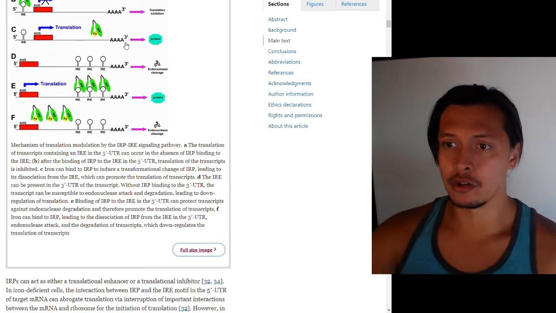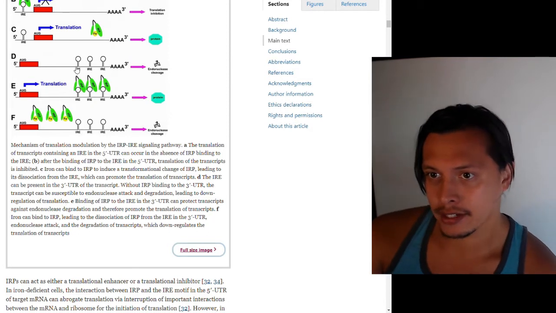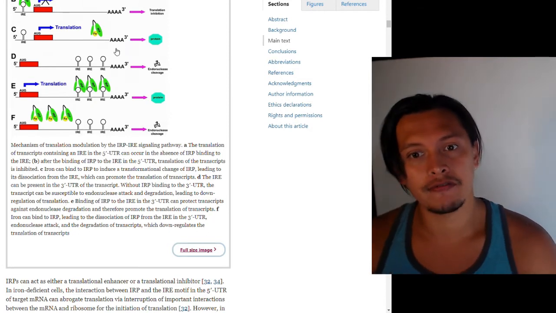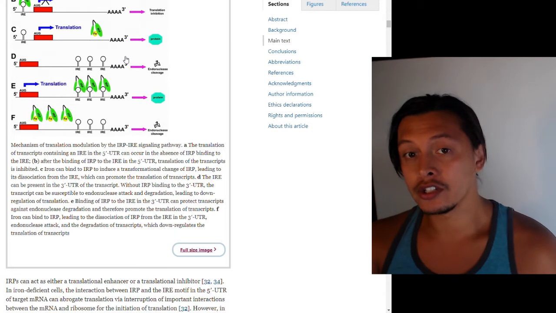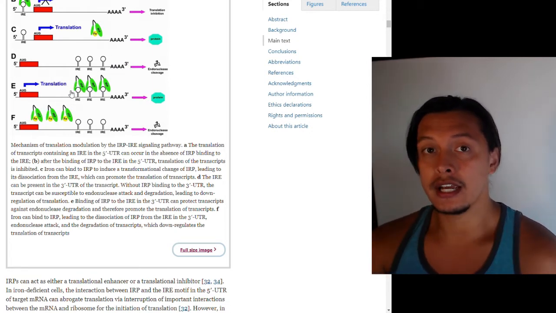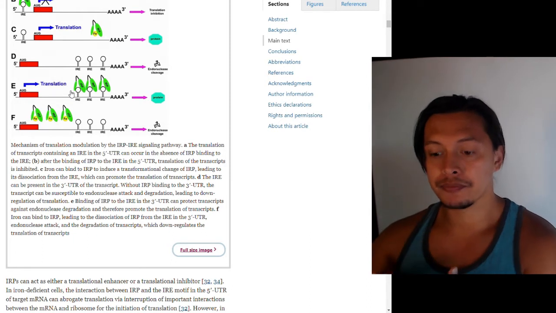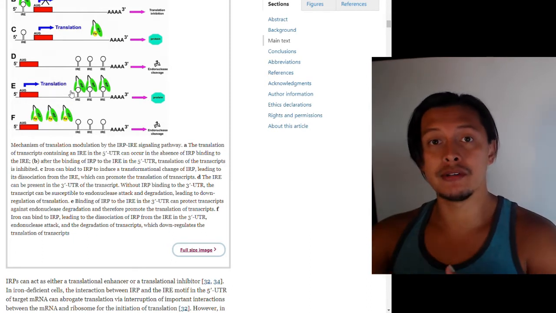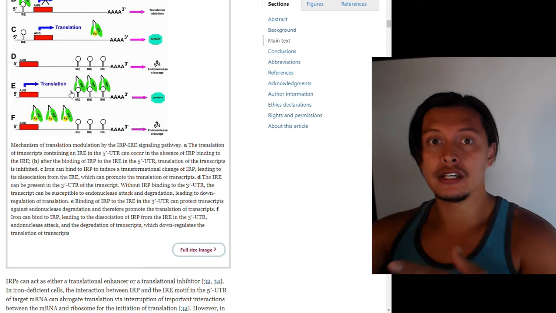So I'm rambling a little bit, but just know that this process of finding double-stranded RNA is conserved in a lot of cells, and this conservation seems to have multiple benefits in different areas.